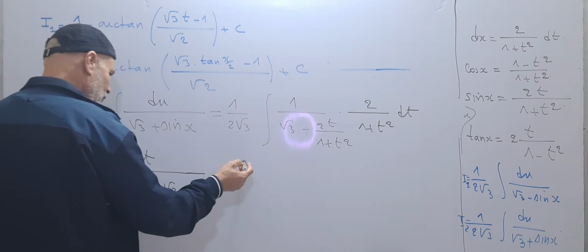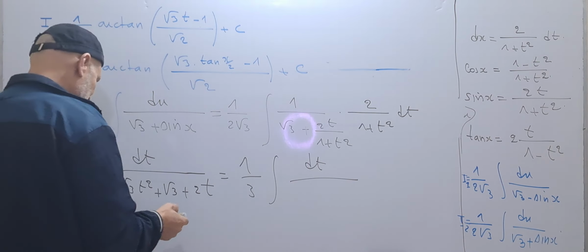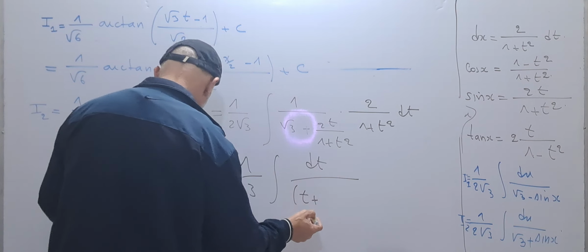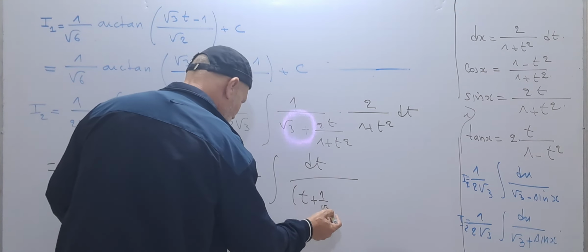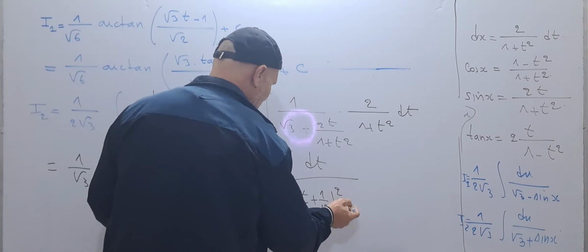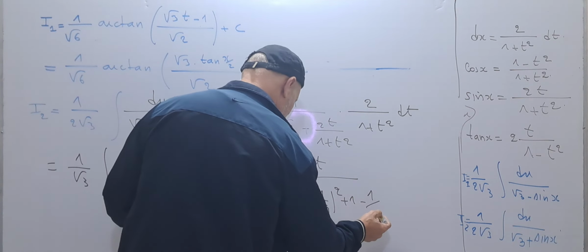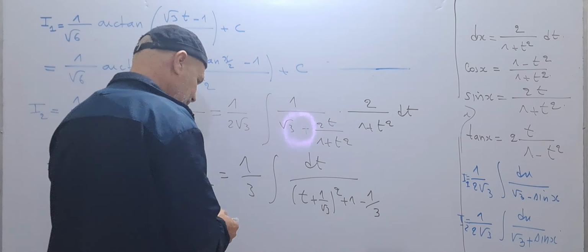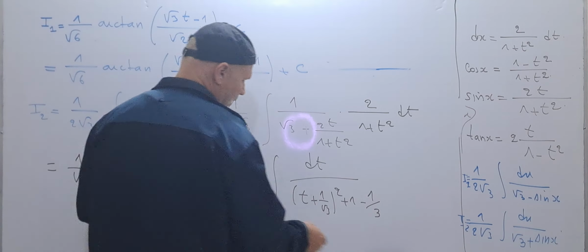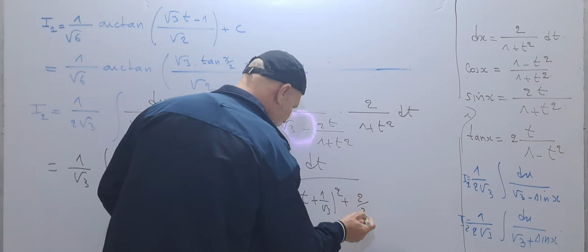And here we get 1 over 3 the integral dt over t plus 1 over the square root of 3 square plus 1 minus 1 over 3. So it takes here exactly 2 over 3.